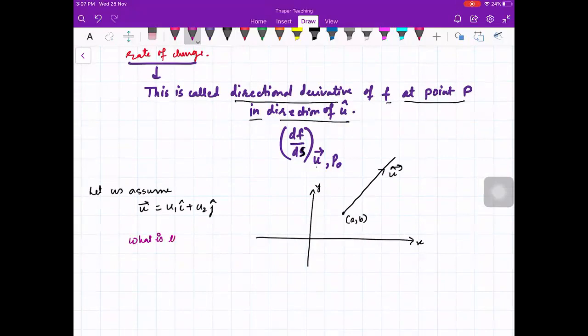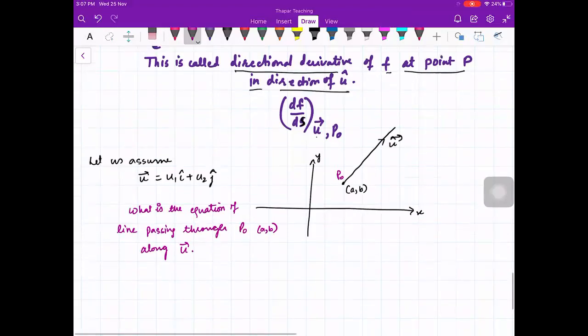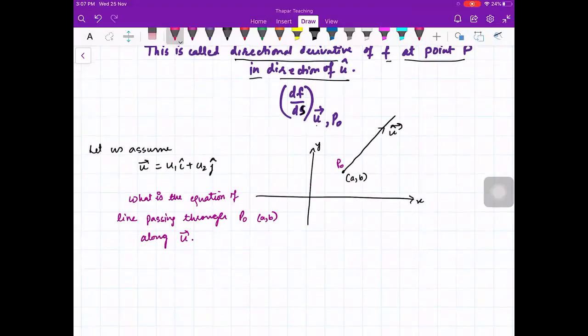What is the equation of the line passing through P naught, which is (a, b), along the u vector? Can anybody tell me?